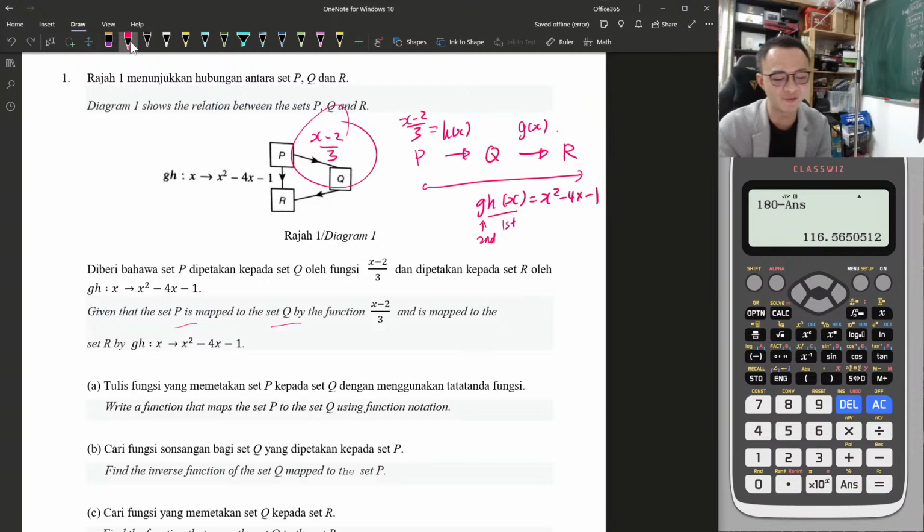Definitely we don't have the gx, but at least we know the GHX. We can use it to find our gx at the end. So for the first part, they ask us to write a function that maps set P to set Q using the function notation. So we just did, which is this one.